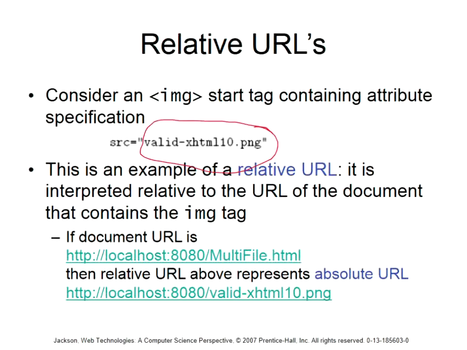So this is an example of a relative URL. It is interpreted relative to the URL of the document that contains the image. So if the document is in this URL, this is our document, then the URL of the image will be here. This is an absolute URL of our image.